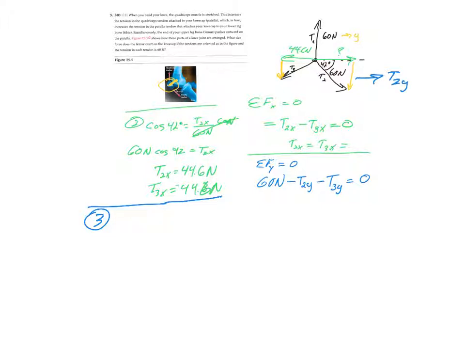Now, at this point, you have two of them. You could go 60 newtons squared minus, what did we say, 44.6 newtons squared equals T2y squared. 60 squared minus 44.6 squared, square root answer.